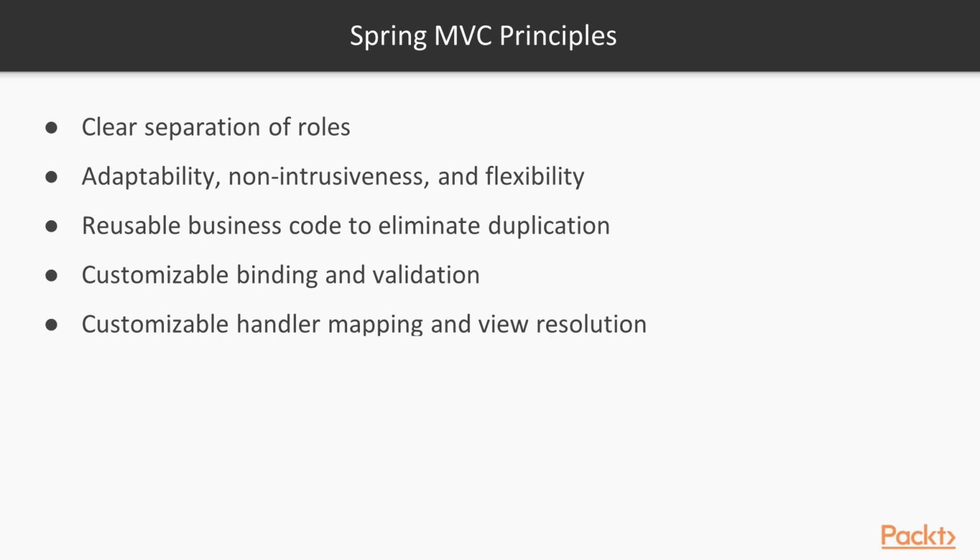One more principle is regarding customizable handler mapping and view resolution. Handler mapping and view resolution strategies range from simple URL-based configuration to sophisticated purpose-built resolution strategies. Spring is more flexible than web MVC frameworks that mandate a particular technique.